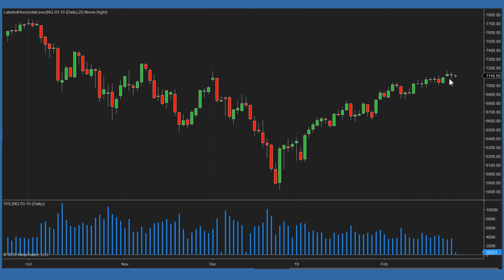If you start seeing small bars with big volume, volume bars like this one here, then that tells you something's going on. There's going to be a move either higher or lower, and if the market's not giving a hint which way it may be going, you can just bracket the market and trade the breakout accordingly. But right now, I would say that this is pretty much in line.